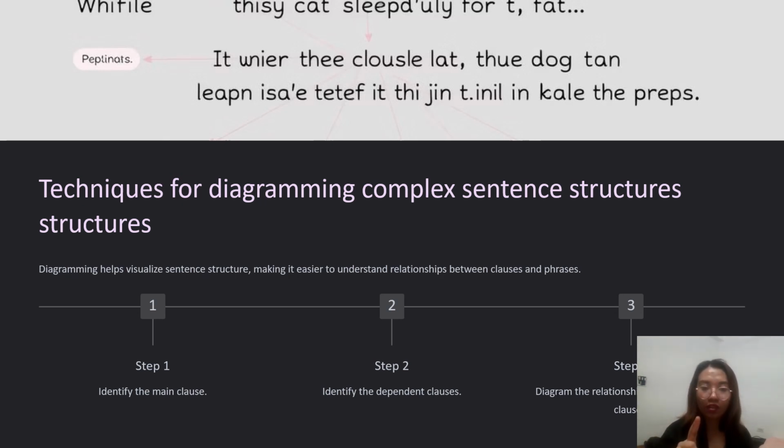Then label the connection, for example as an adverb clause, adjective clause, or noun clause. These are the steps we need to follow while diagramming complex sentence structures. I hope you are all clear with this.